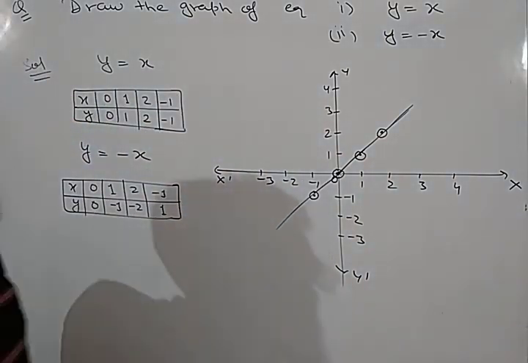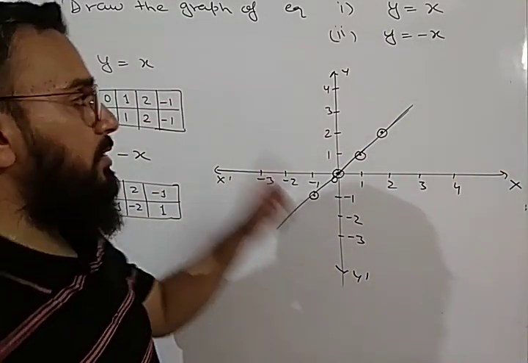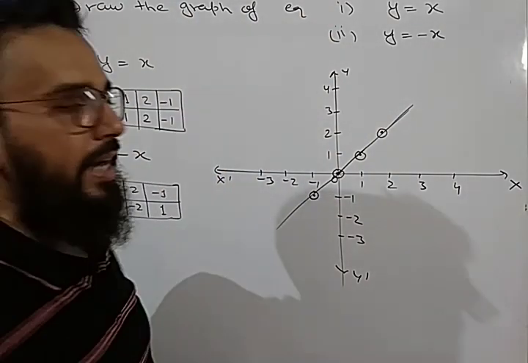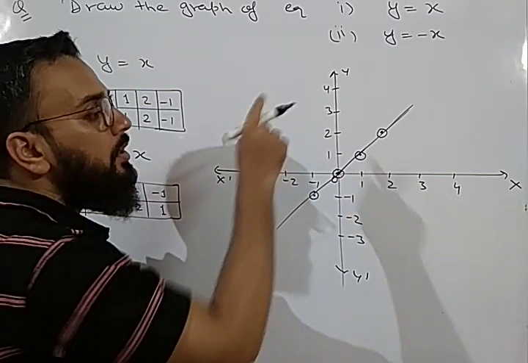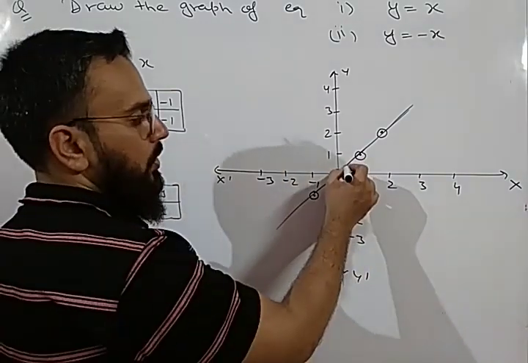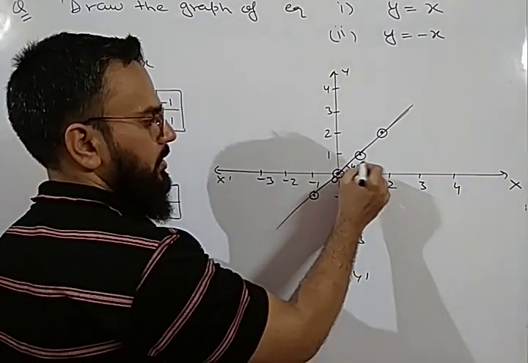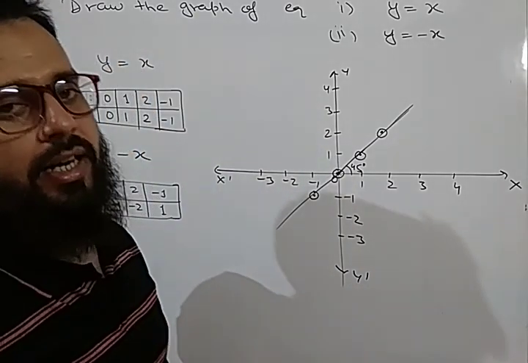So you have to just remember it. Whenever you are given y equal to x, it is always a straight line passing through the origin, and this angle will always be 45 degrees. You will study about this angle in later classes.